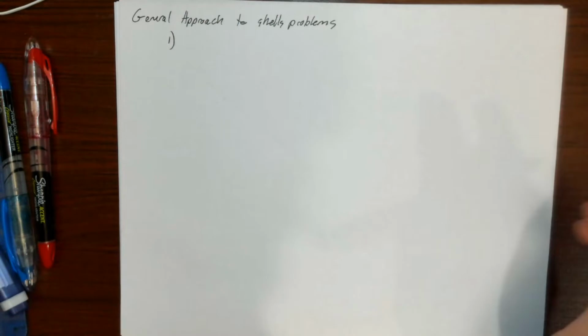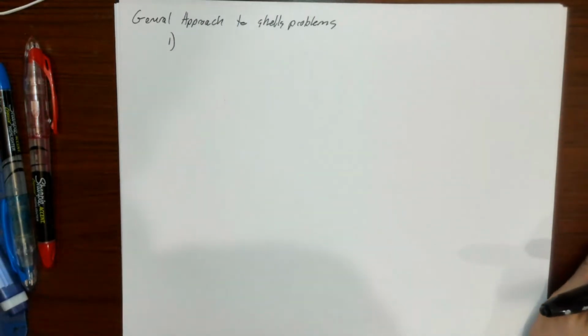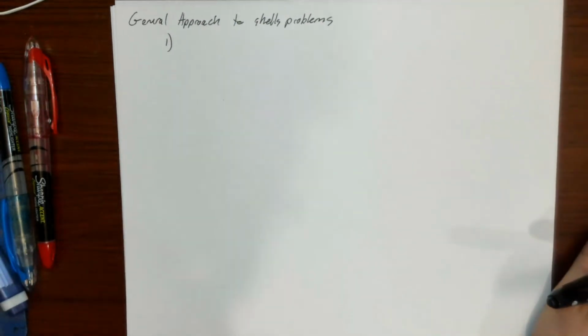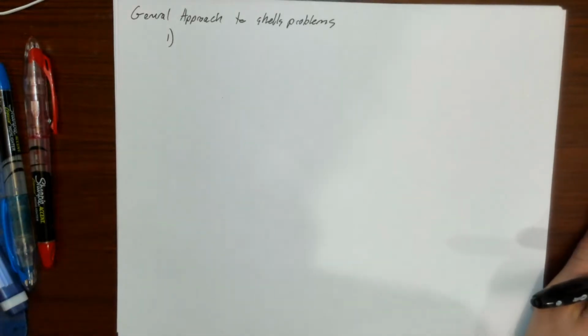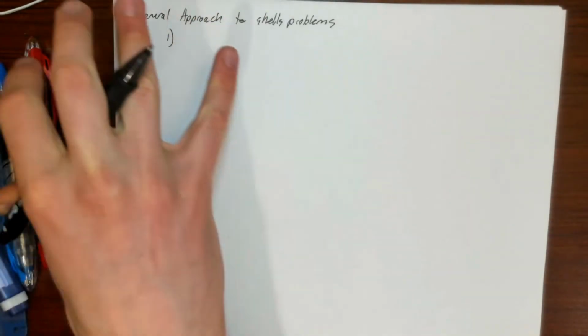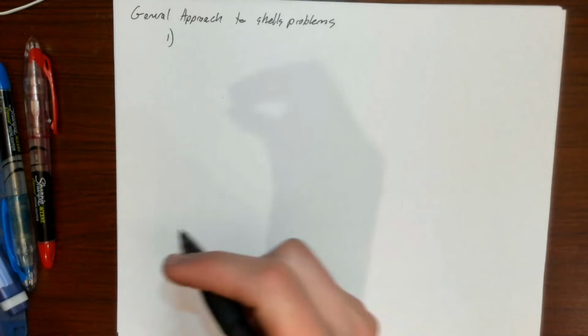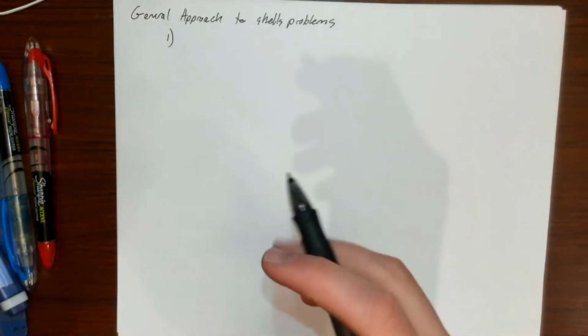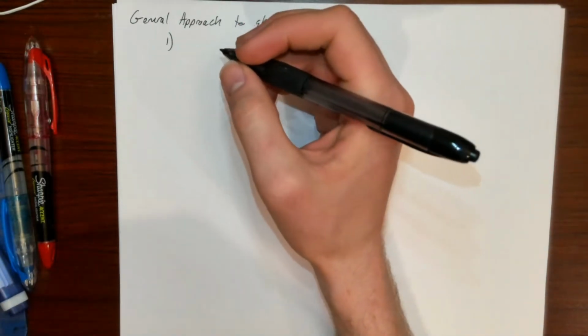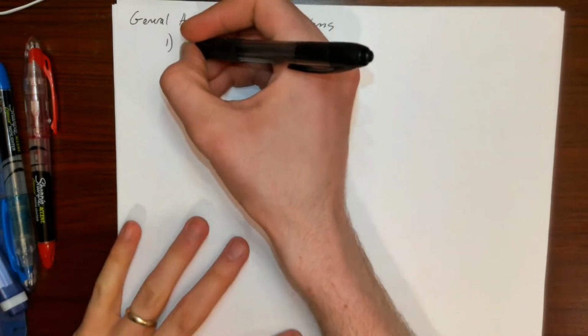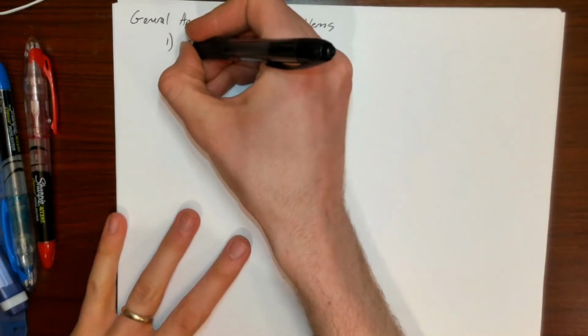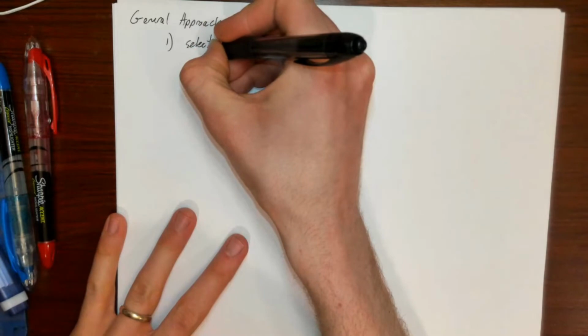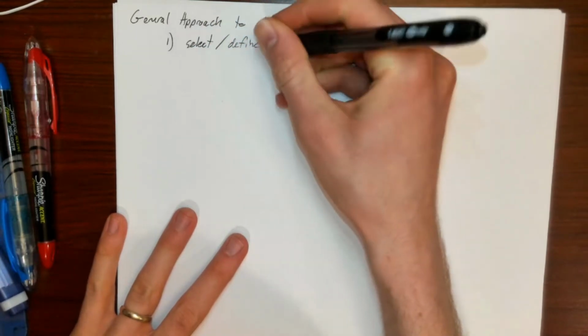The first thing, after laying out the problem information that we did a moment ago, so after we've done that step zero of sketching the system and collecting together all of our known parameters, the next thing we do is select or define an appropriate shell.